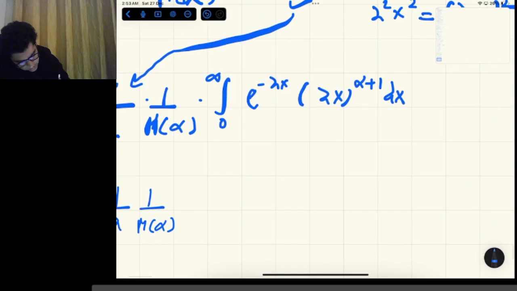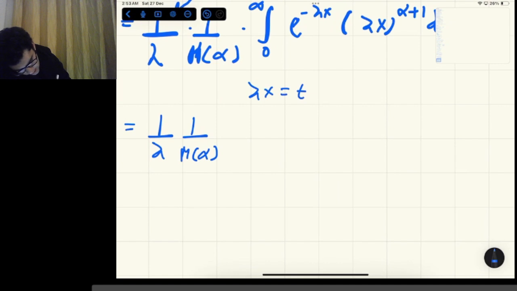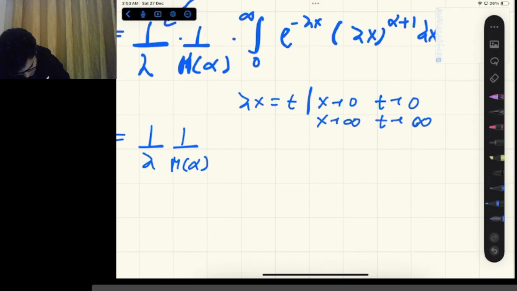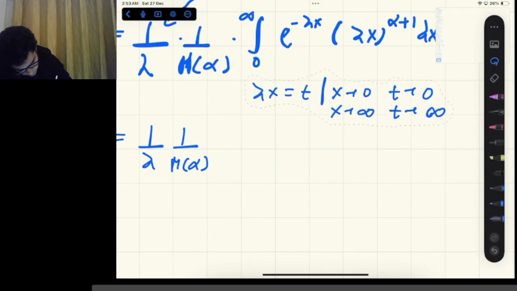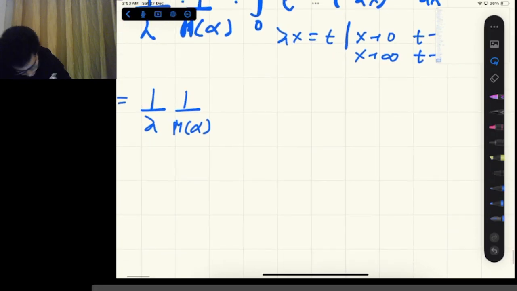Now this is somewhat like, if I substitute again lambda x as t: x goes to 0, t goes to 0, x goes to infinity, t goes to infinity, and this becomes 0 to infinity.